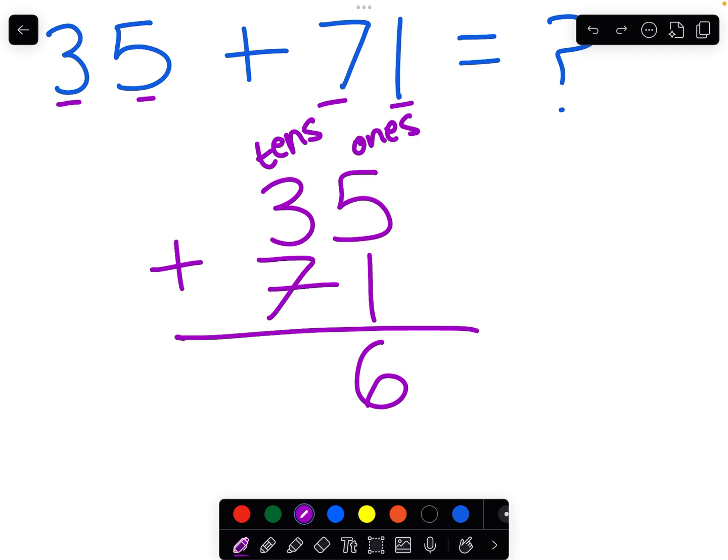With the number 10, we keep the 0 in the column, and anything to the left just gets dropped off into the next column. So our answer is 106. Not too bad, right?